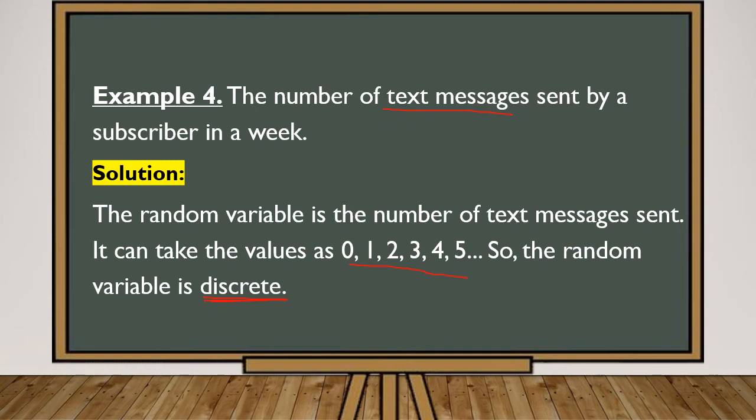There is no such thing as a text message count that can take values between two numbers, because we do not have a number of text messages as 1.75. It cannot take values between two numbers.